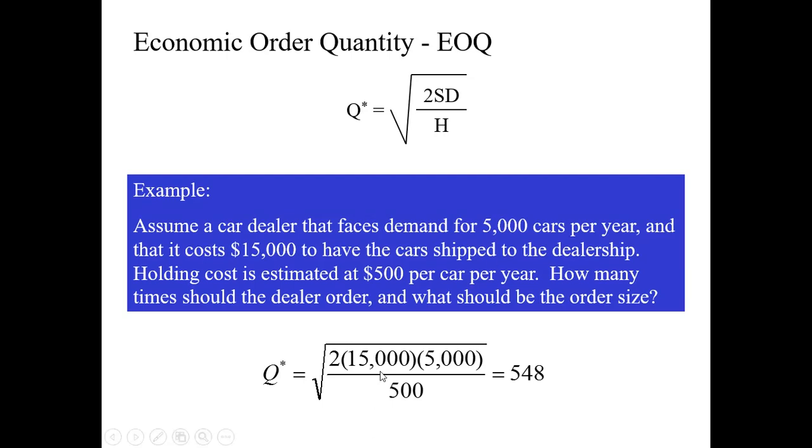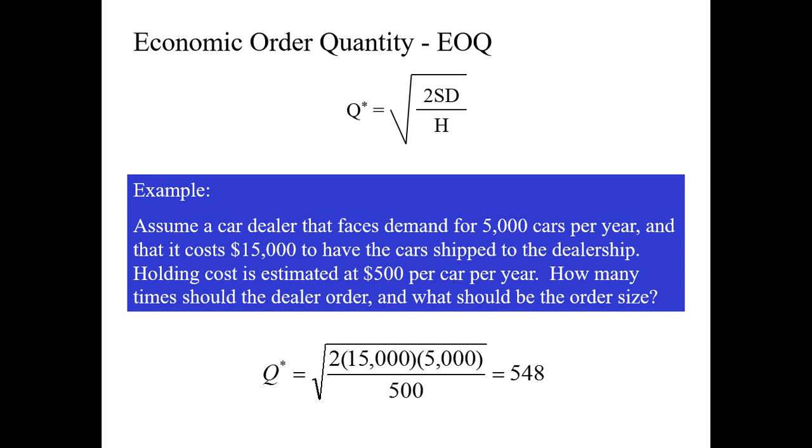So Q star is equal to, if you substitute all the values in this equation, 2 times 15,000, which is the ordering or shipment cost, times D, the demand, divided by the holding cost of 500. We'll get 548. What does this 548 indicate? It indicates that if you make an order of 548 cars in one order, our cost will be the minimum.